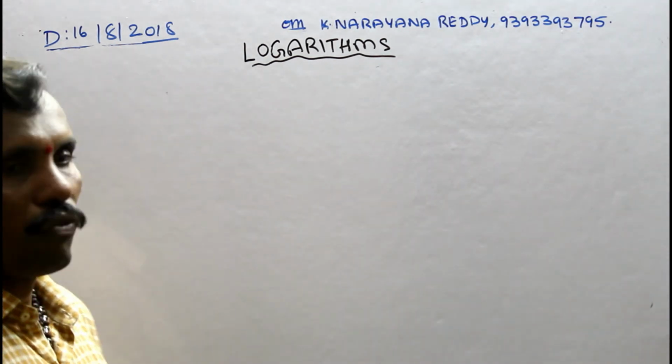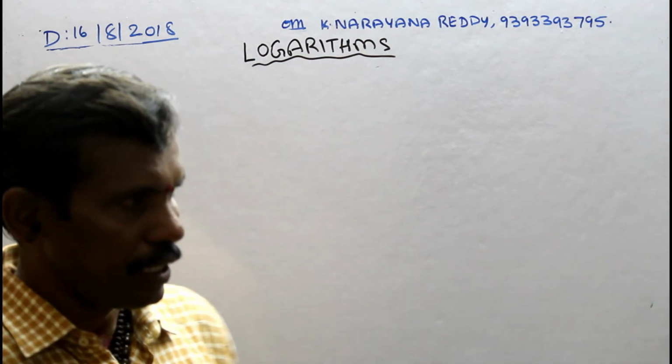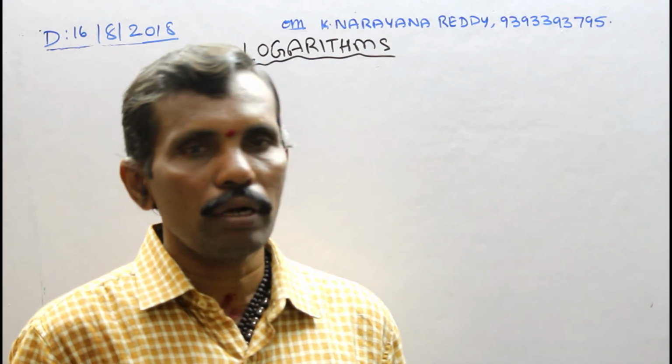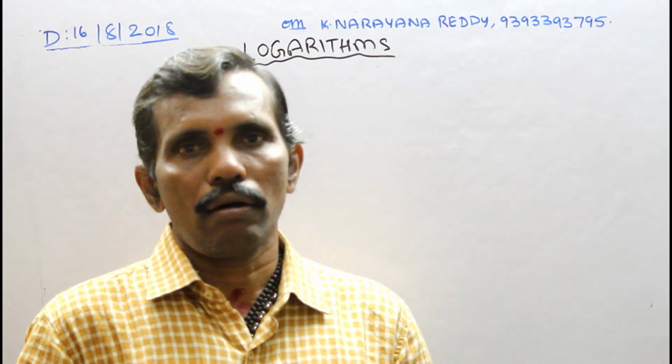Now, whenever there is a base that is 2 or 10 or e, those are called binary, common or natural logarithm.